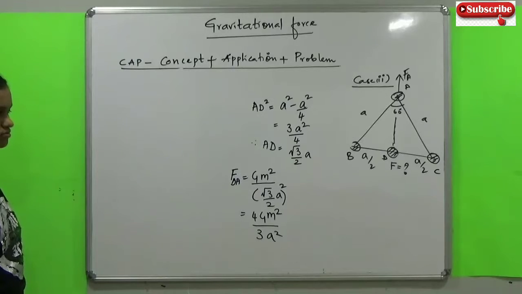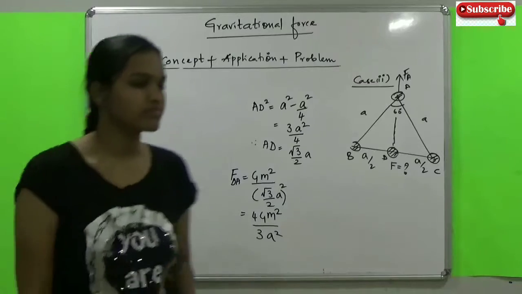What concept are we using here? The equilateral triangle concept, and its application is that the 2 forces between dB and DC are equal in magnitude and opposite in direction. Both will get cancelled, and finally we get the result for that particular problem. This is case 2.